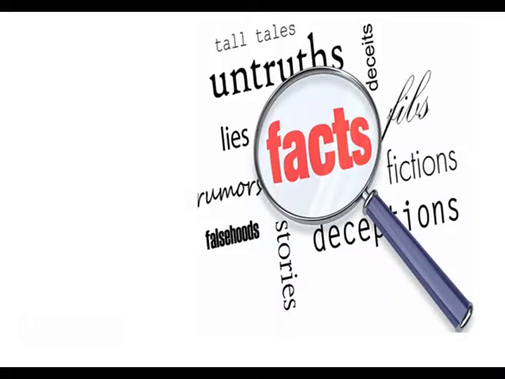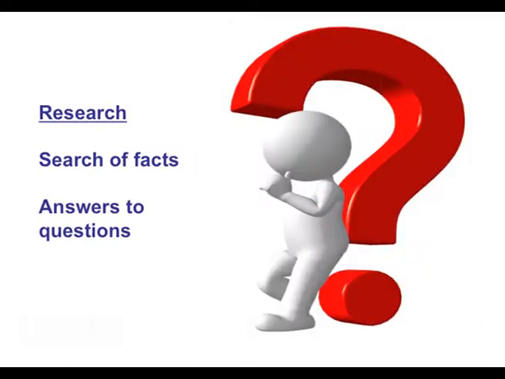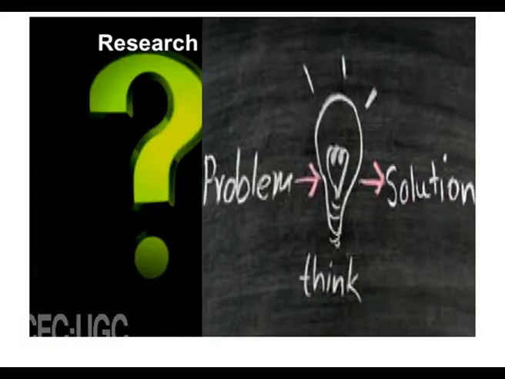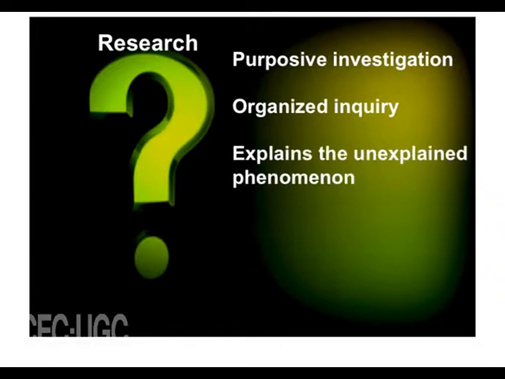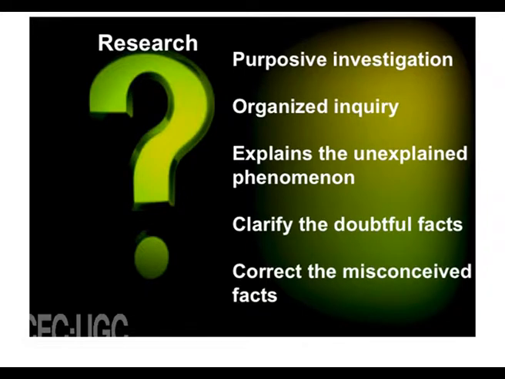Definition of research. Research simply means a search of facts, answers to questions and solutions to problems. It is a progressive investigation. It is an organized inquiry. It seeks to find explanations to unexplained phenomena, to clarify the doubtful facts and to correct the misconceived facts.